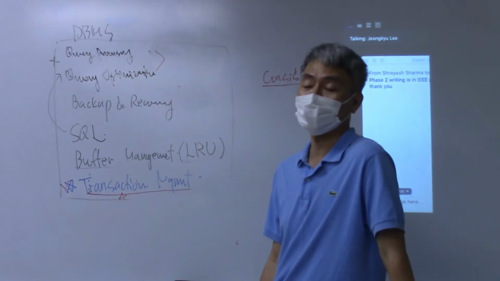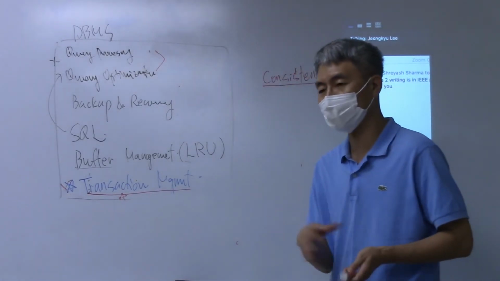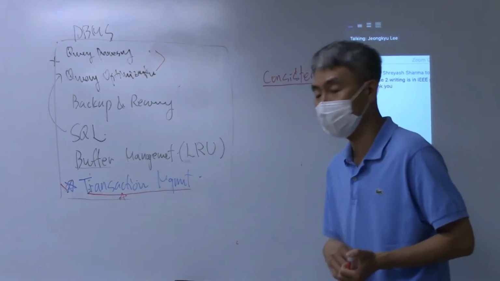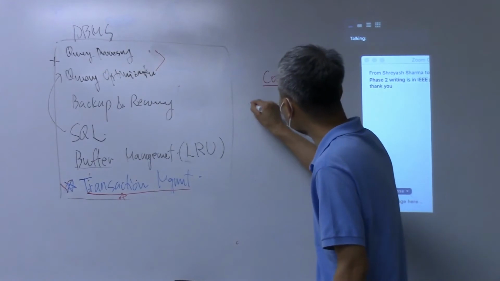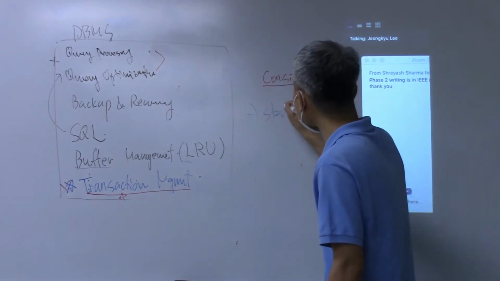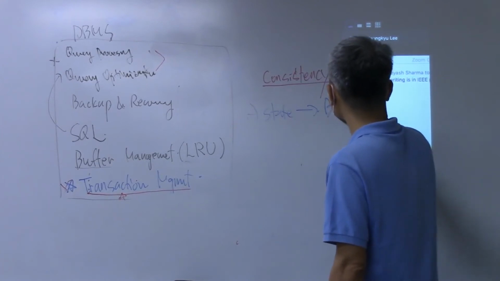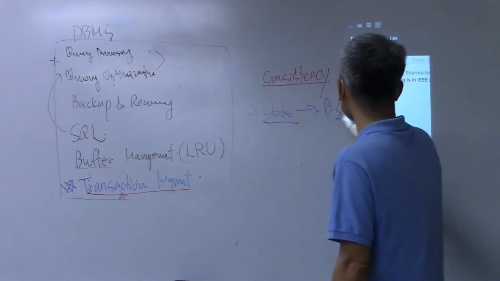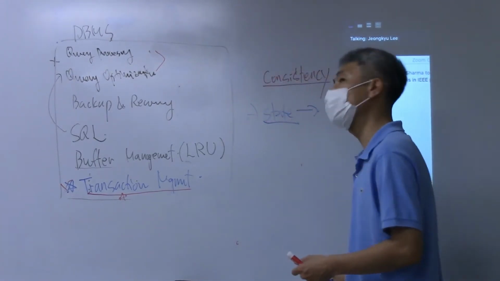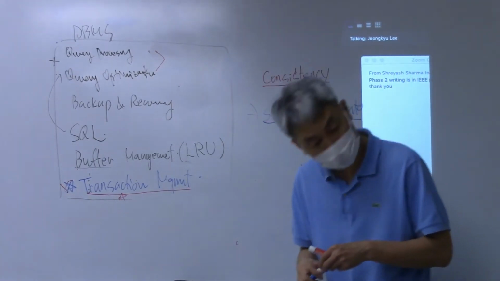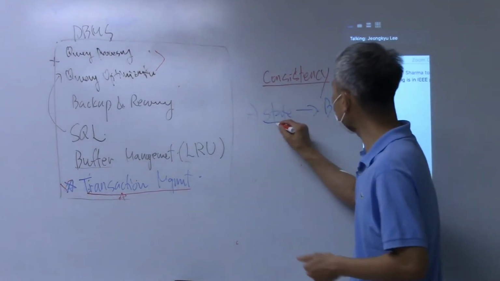If you take a look at your database textbook, consistency means moving from a certain database state to another state. Then at that time we say that this database is consistent. Consistency. Then what is a state?